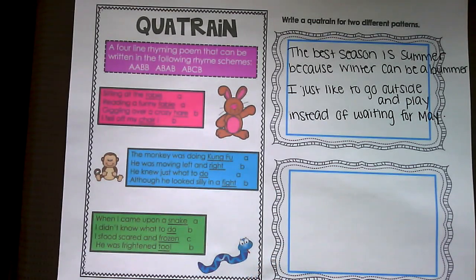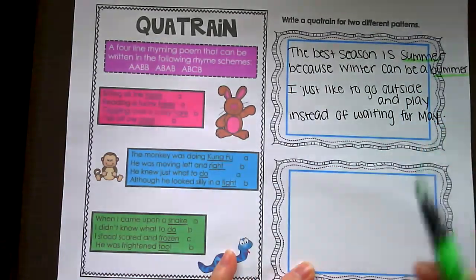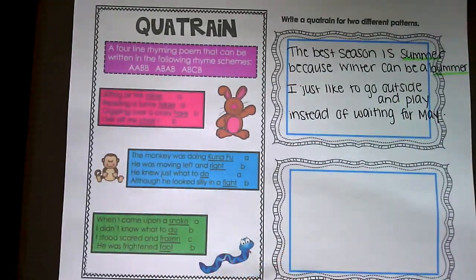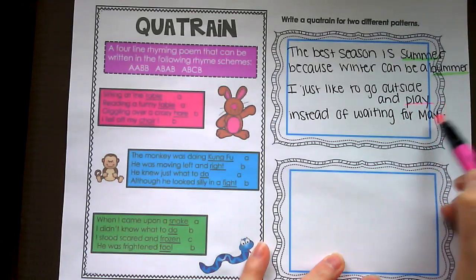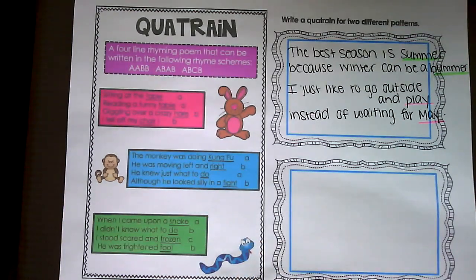And notice that the first two lines rhyme, so I followed that A sequence, summer, bummer, and then my last two lines rhyme where I followed the B, B sequence, so play and May. Summer, bummer, play, May. That's A, A, B, B.